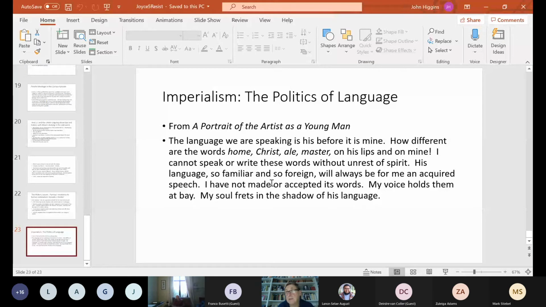In relation to that problem of the colonization of the self by a foreign language, it's so important to recognize that Joyce doesn't shy away from that problem, doesn't seek refuge in the fantasy of seeking to reforge an authentic Irish identity and turn to Gaelic, a return to a lost Gaelic.